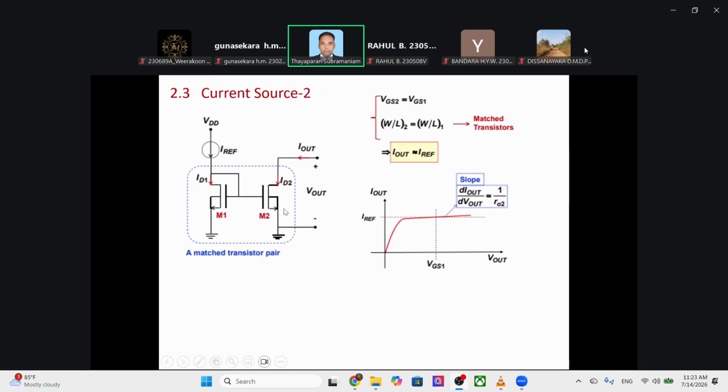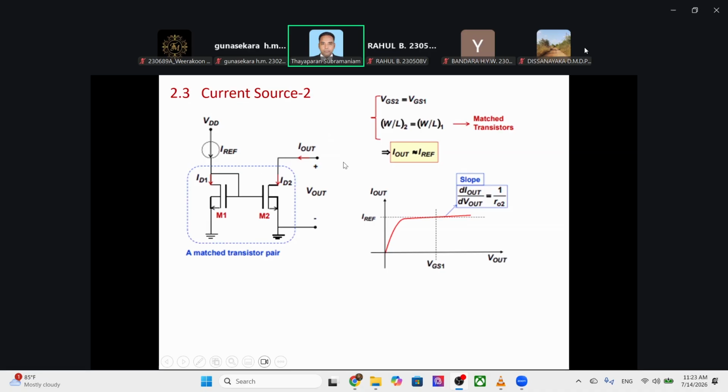If you consider the small signal model of this transistor, on the output side between I out and the ground, we have a current source which is gm2 times VGS2, and R out 2.